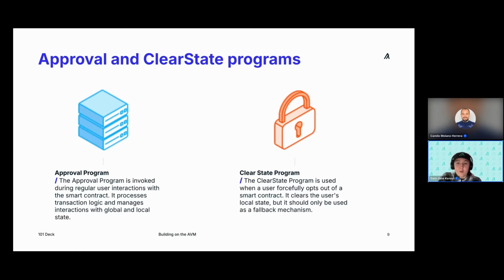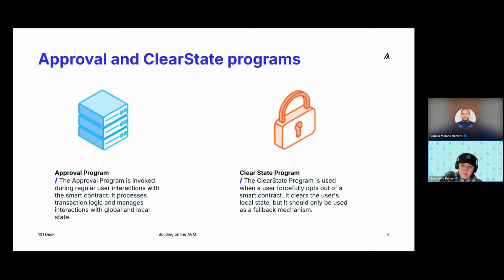Approval program can also read and write both global state, which is shared across all users, and local state, which is unique to individual users, which we'll learn about soon. So don't worry about that. Think of approval program as the program that enforces the rules of the smart contract, ensuring all actions follow the contract's logic. It's the core logic of the contract.